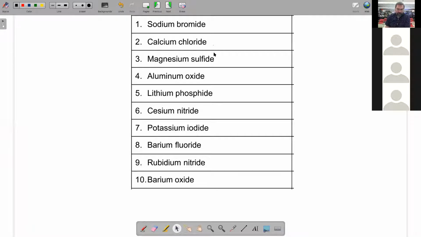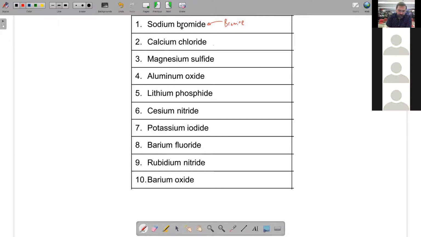So we want to write formulas for these compounds. The first one here is sodium bromide. The bromide must come from some kind of element, and that element happens to be bromine, which is pretty easy to figure out. If you're not sure, most elements on the periodic table end with "ene," or for the halogens, sometimes they end with "n" or "us" or "eum" or something like that.